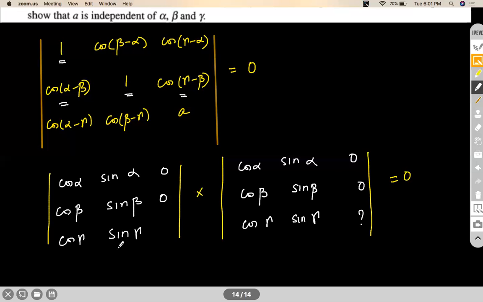So this into this will give me this element. This into this will give me this element. And I now want this into the last one to give me an A. Now remember, this and this will give you cos square. This and this will give you sin square. So I have to have A minus 1 and 1 over here.